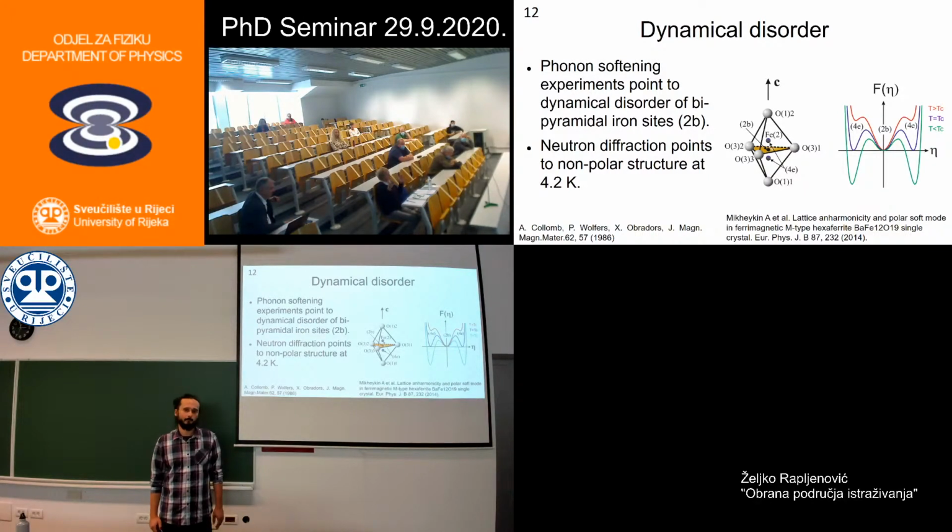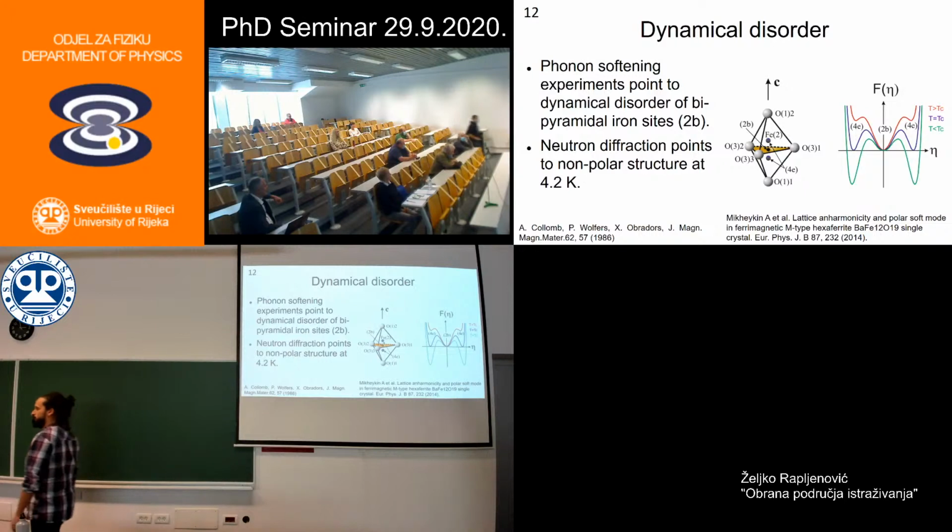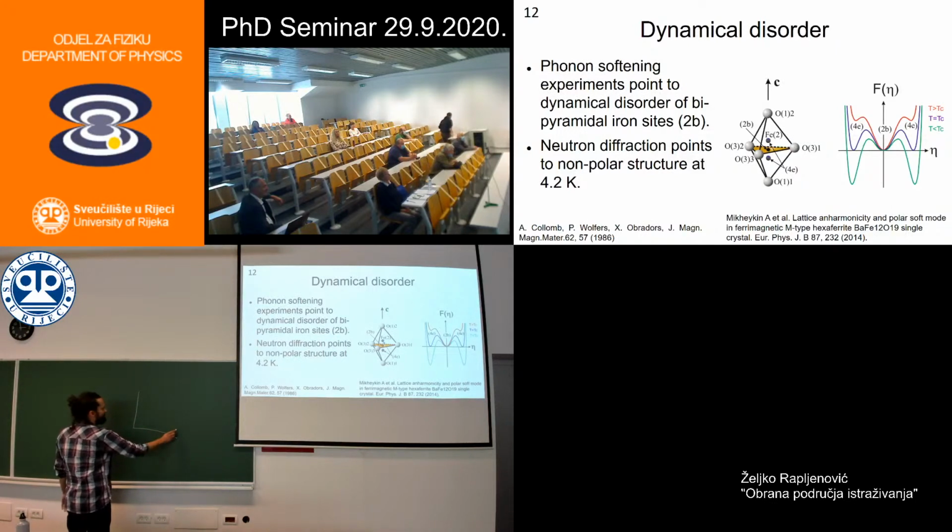Ferroelectricity? Polarization. Okay, you just plotted 1 over epsilon according to the Curie-Weiss law, but can you make a plot of epsilon versus temperature on a linear scale? So something like this. Okay.